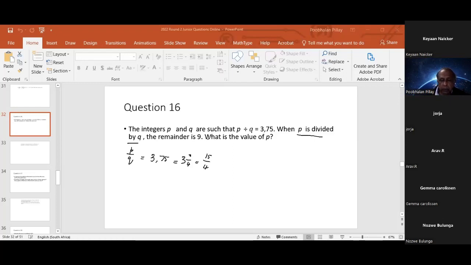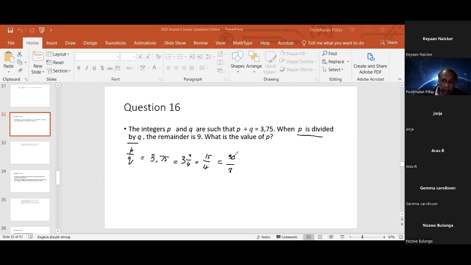Right, so what went wrong? What went wrong is that there are many ways in which you can write 15 over 4. As we said earlier on with ratios, you can multiply that by 2, you can get that. This is still the same thing, P over Q is 15 over 4, if you simplify this.